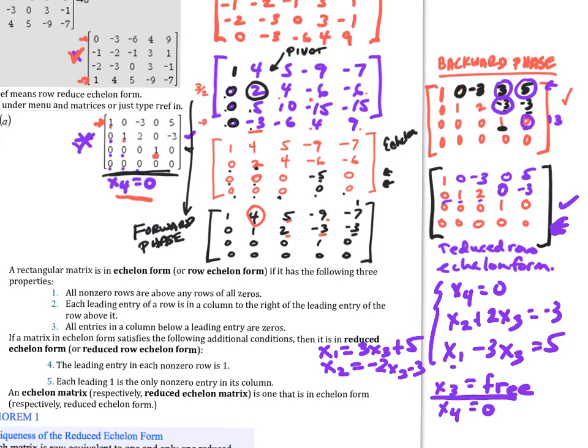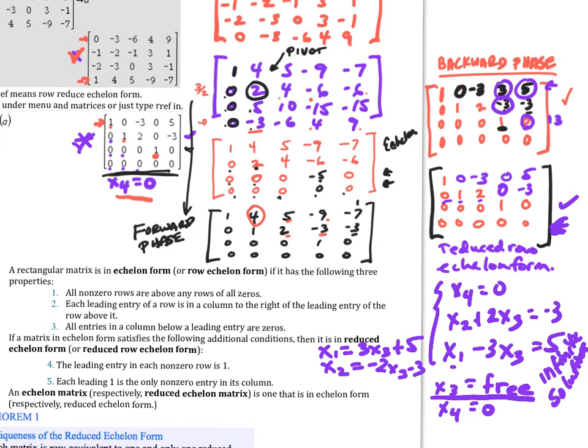And since this says free right here, you are going to have an infinite number of solutions because you can choose anything for x3 that you want. So this would be infinitely many. Infinite solutions, and it's consistent because you will have a solution. The only time we'll be inconsistent is if we get something like 0 is equal to 5. That doesn't work, so that would be inconsistent then.